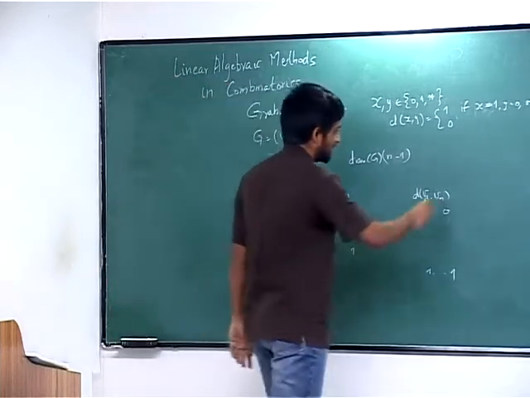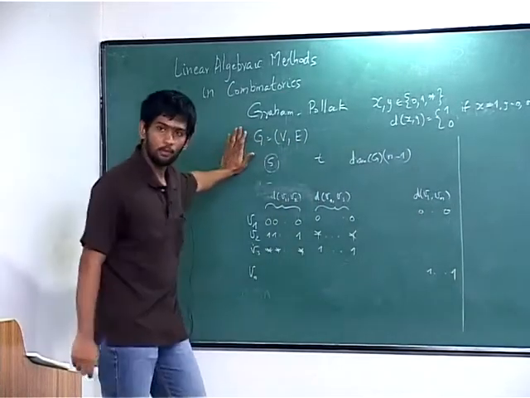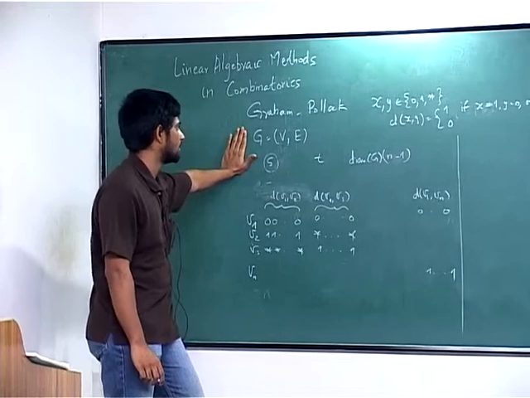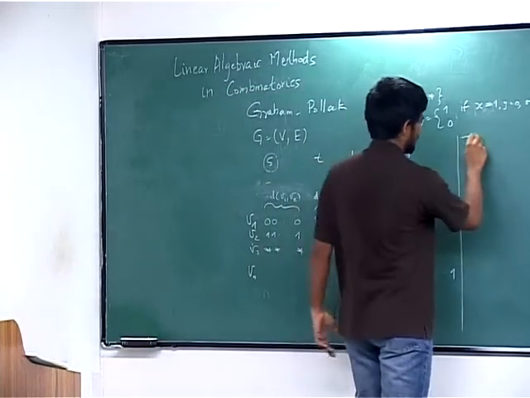And the beautiful thing about this is that the problem of proving that the address size should be at least n minus 1 reduces to the following theorem.